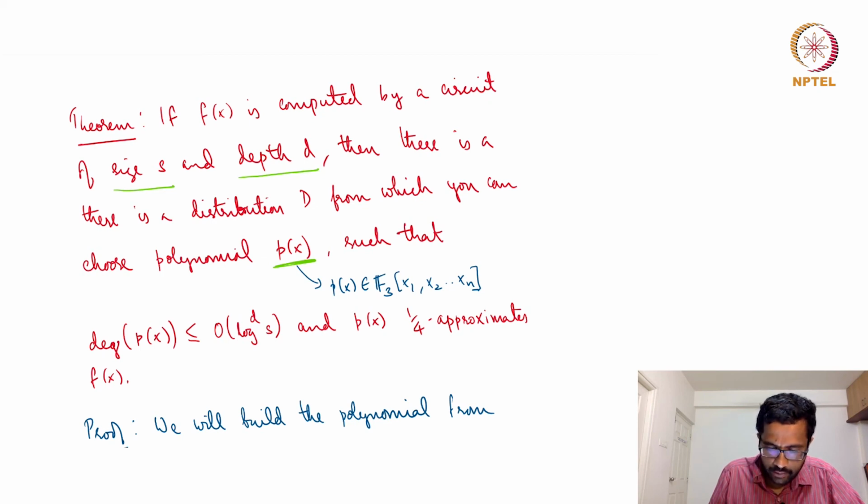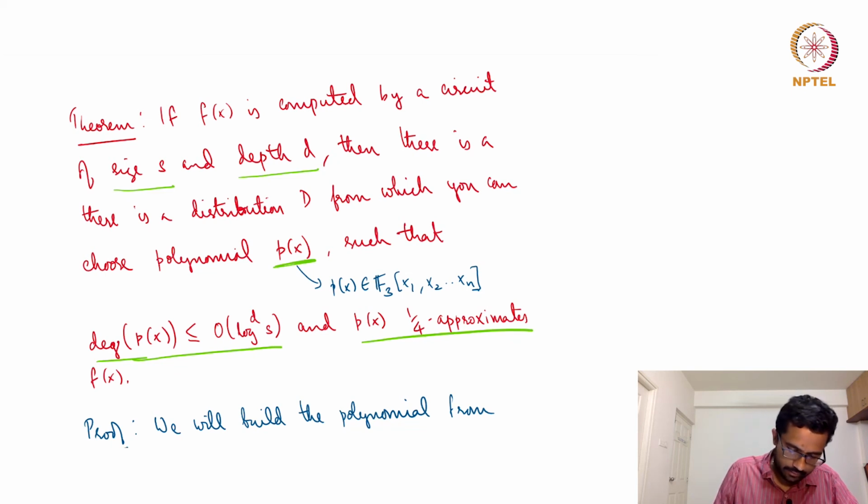There is a distribution from which you can choose a polynomial such that the degree of the polynomials in the distribution is at most log s to the power d, and the polynomials in the distribution 1/4 approximate f(x).